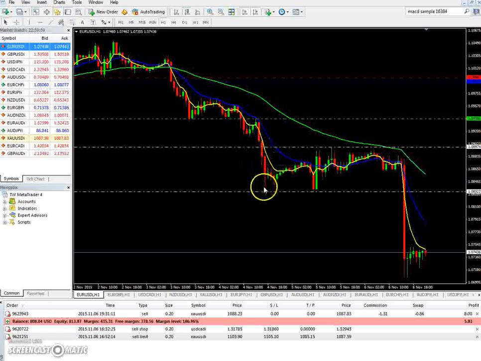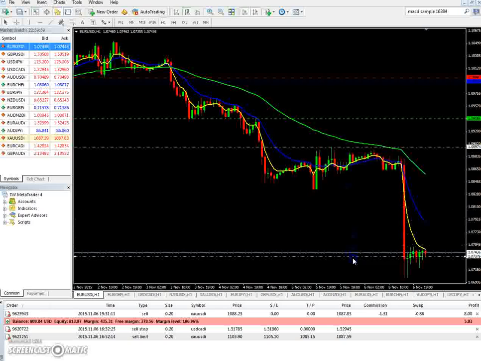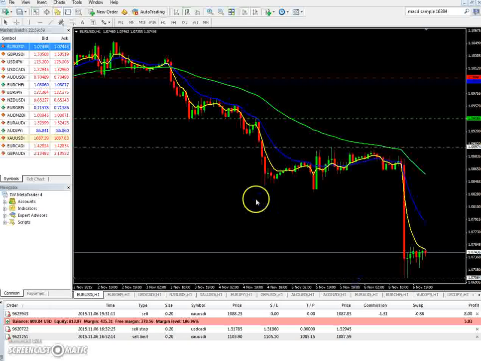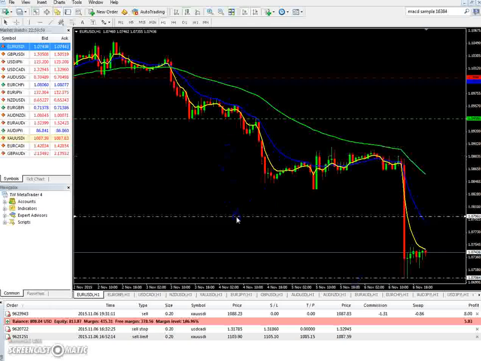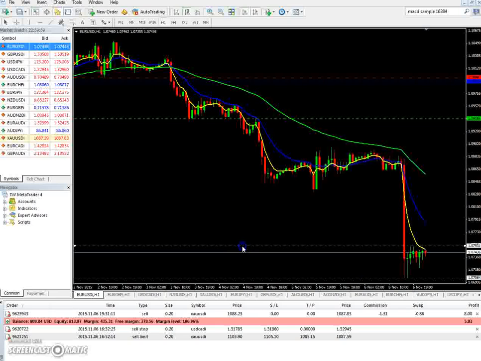It came down, almost touched it here, went up, came down, and broke this support. It never broke resistance again going back up, but it broke that support. Once it broke that support, there's another trend of a lower low. So now that it's down here after non-farm payroll, your support moves from where it was to here, and your resistance is here.